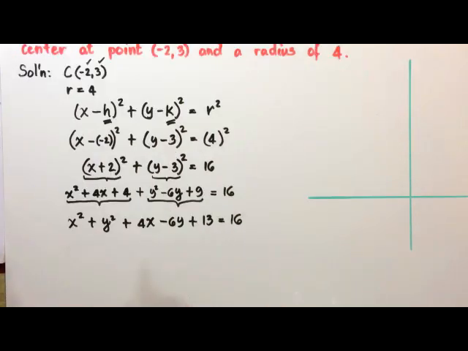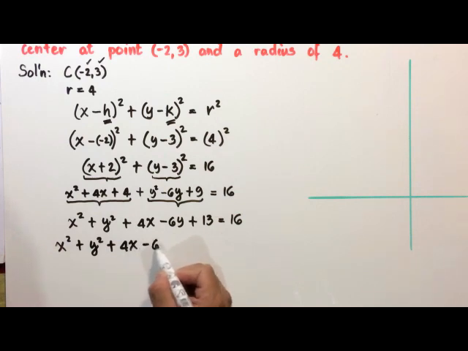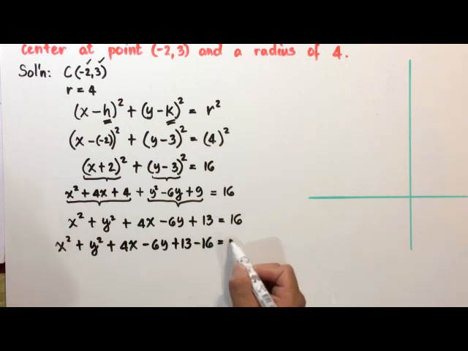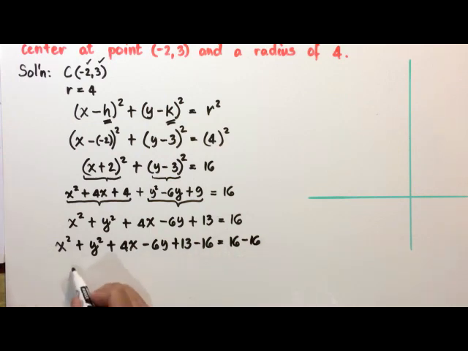So combining all the constants, what you will do is to subtract both sides by 16. So x squared plus y squared plus 4x minus 6y plus 13, I will subtract 16, and also subtract 16 to the right.